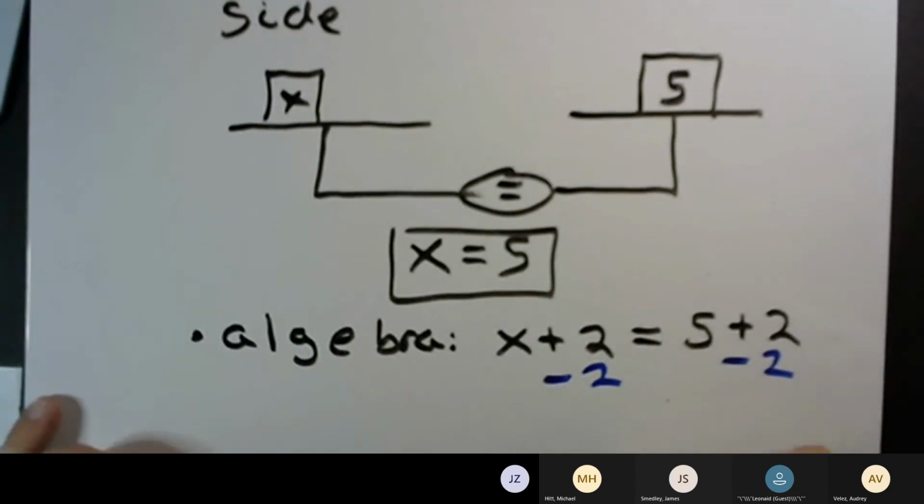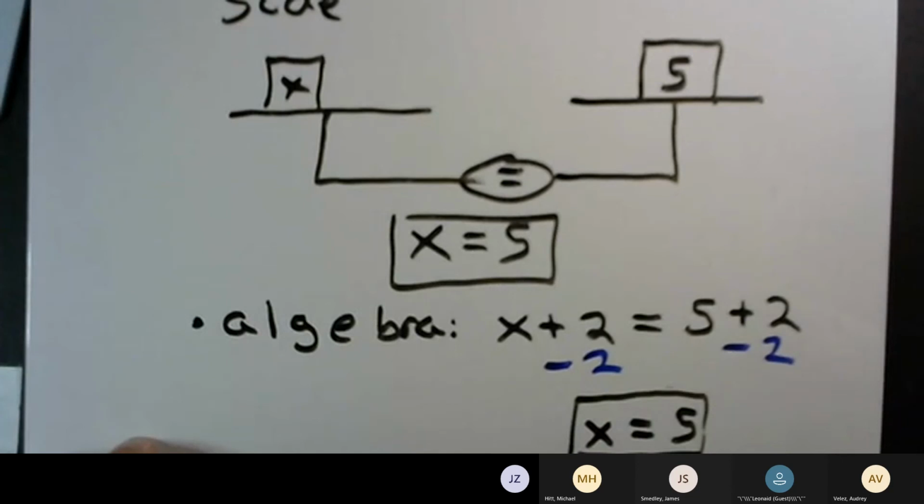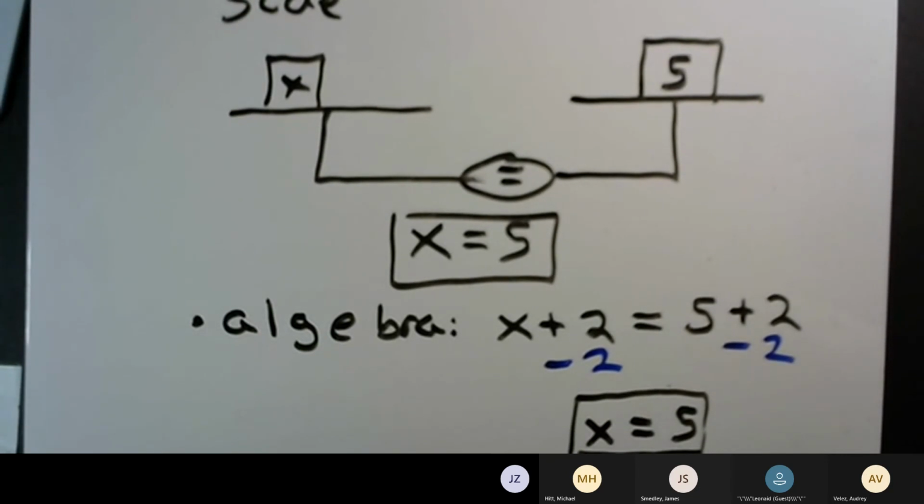And so that leaves us with x balanced by 5. Questions about that? All right.